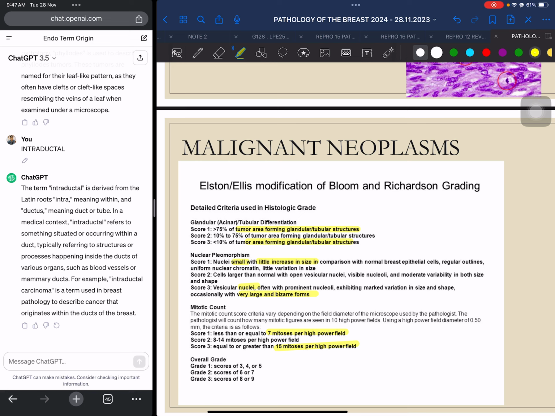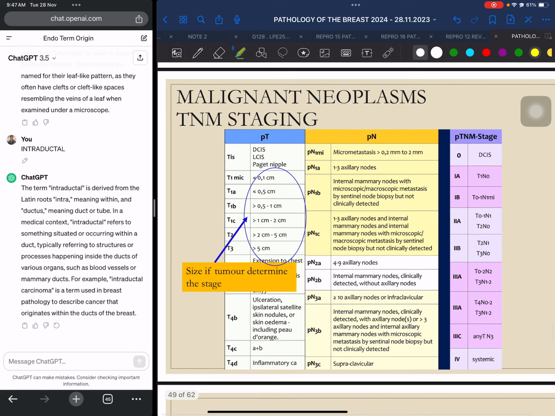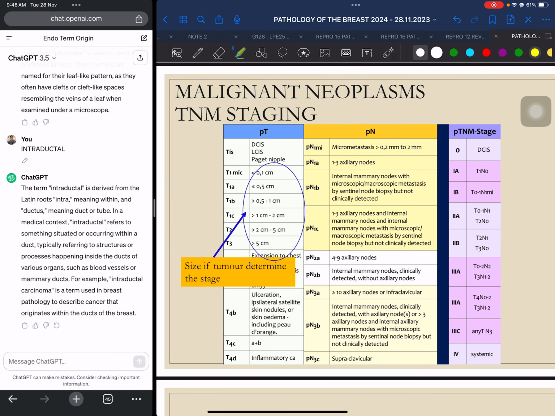Okay, so this is basically what I have described earlier, so you can have a look later on how the grading is done. Staging: we stage the tumor because we want to determine the extent of spread of this breast cancer. Size is important.